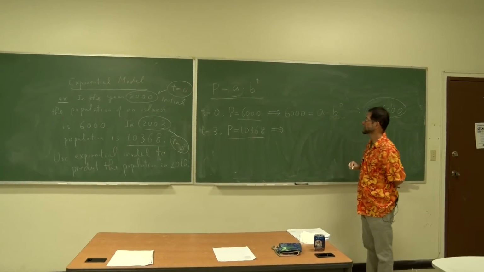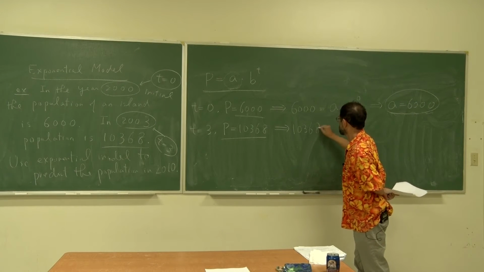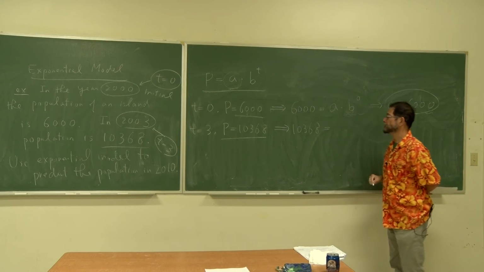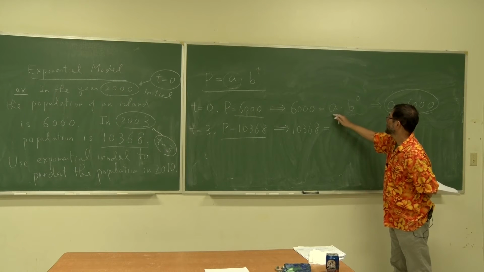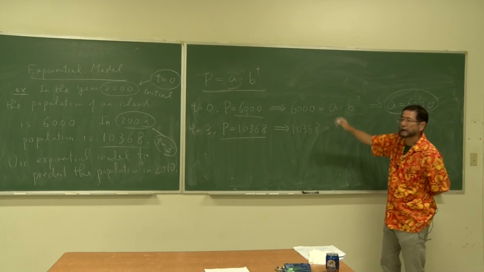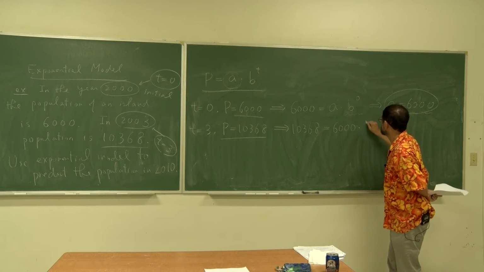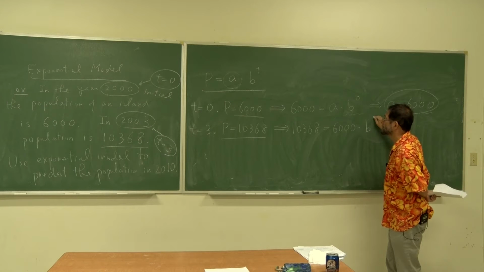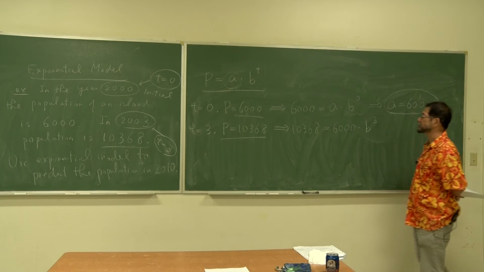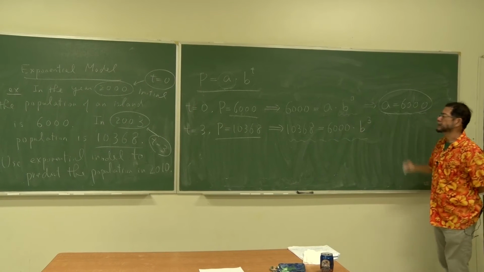Okay? So p is the value, then a raised to, but we already know a, so let's use this one. So a is 6,000 times b raised to, now t is 3. So now you have the equation for b.